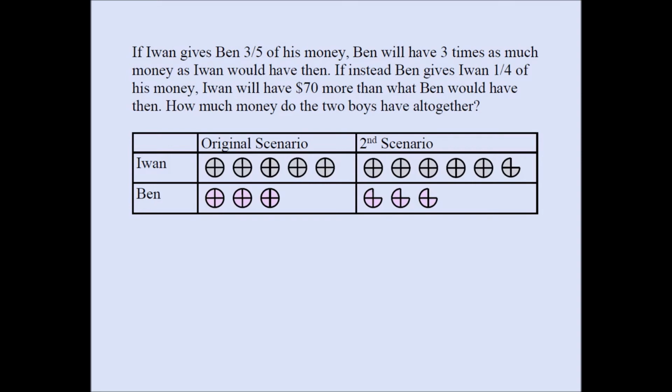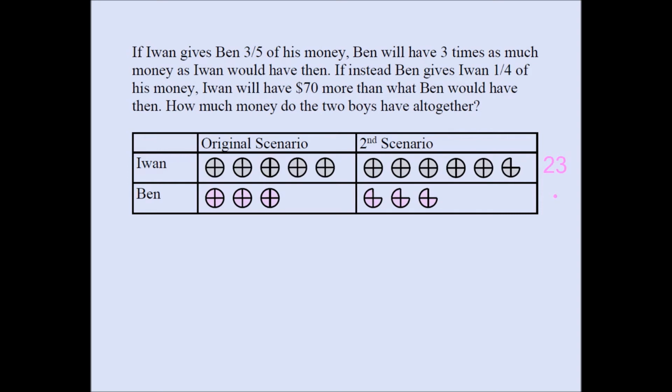So what I have done here is I have transferred Ben's 3/4 from here, here, and here to Ivan. And of course I changed the color. These 3/4 circles came from Ben, moved from Ben's pile to Ivan's pile. Now altogether, Ivan has 23 quarter circles.